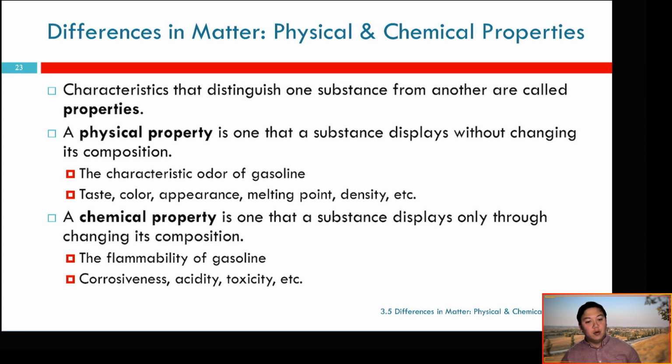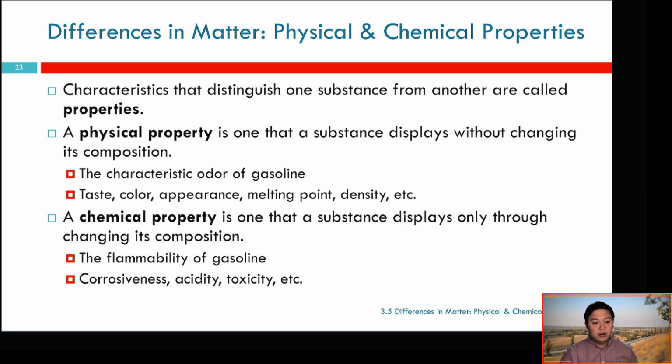And those physical properties are displayed without changing its composition, right? So I don't change this Altoids tin by looking at it. I'm not changing the composition by tapping on it. I don't even change the composition if I crush it.